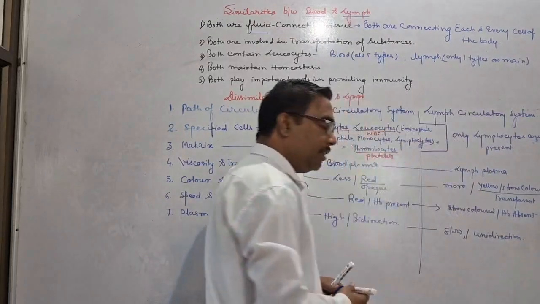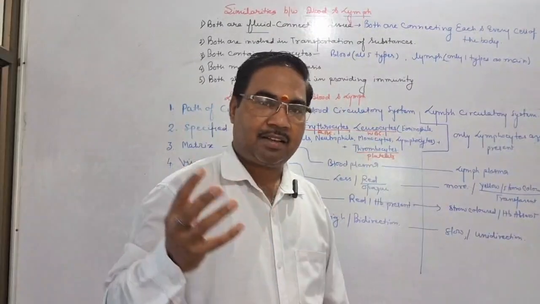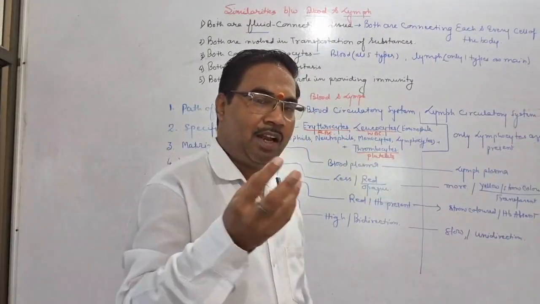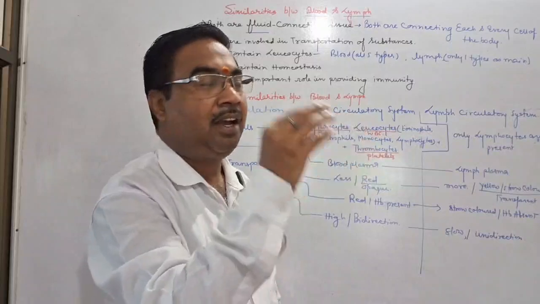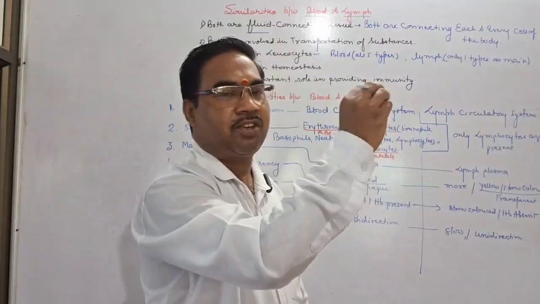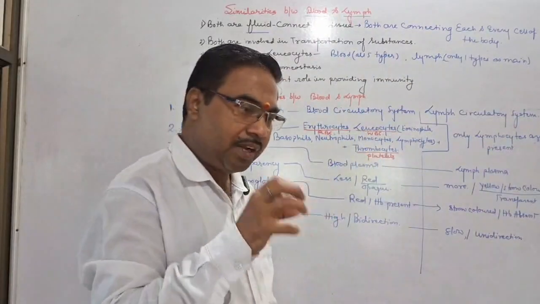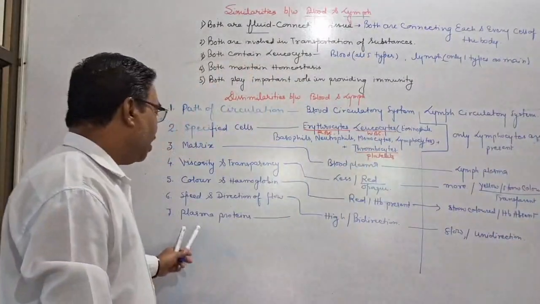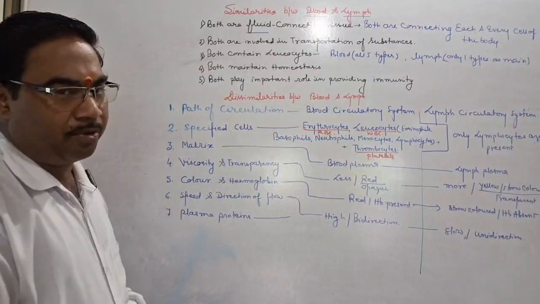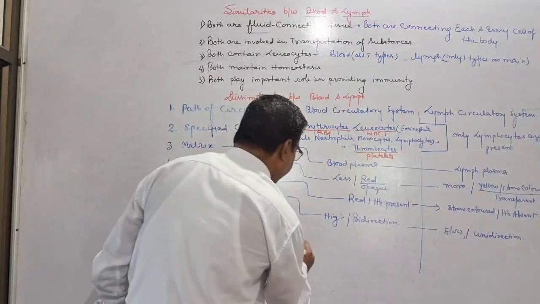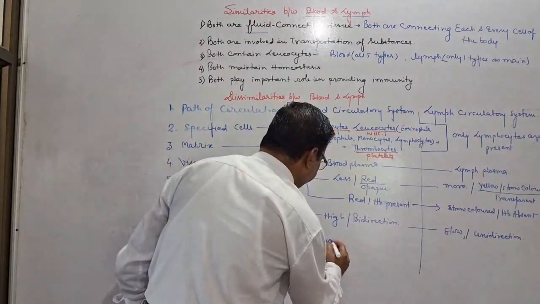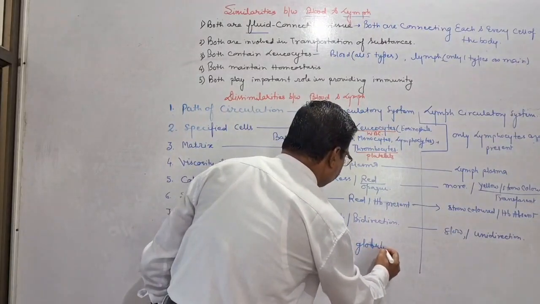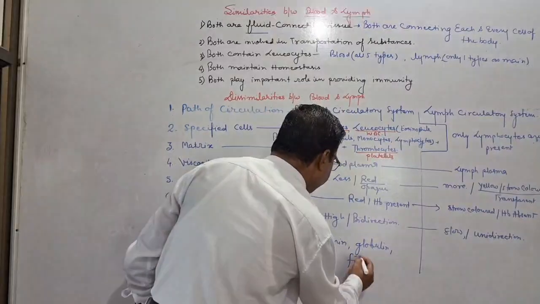Although I taught you that lymph vessels are depositing the extra waste materials along with the larger molecules in the subclavian vein, and then subclavian vein passes all this to the heart. So you can remember that heart is receiving only, not sending the lymph. Now there are three plasma proteins present in the blood, that is albumin, globulin and fibrinogen.